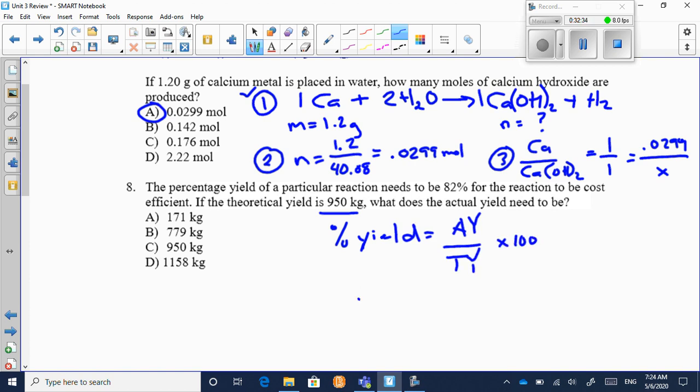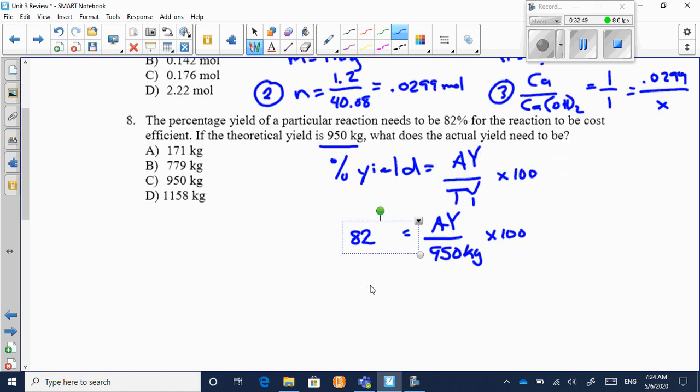So in this case, we've got 82% is equal to actual yield over 950 kilograms times 100. So you get the 100 over to the other side by dividing it. So that if you divide the 100 here and divide the 100 here, that turns into 0.82 is equal to the actual yield divided by 950.